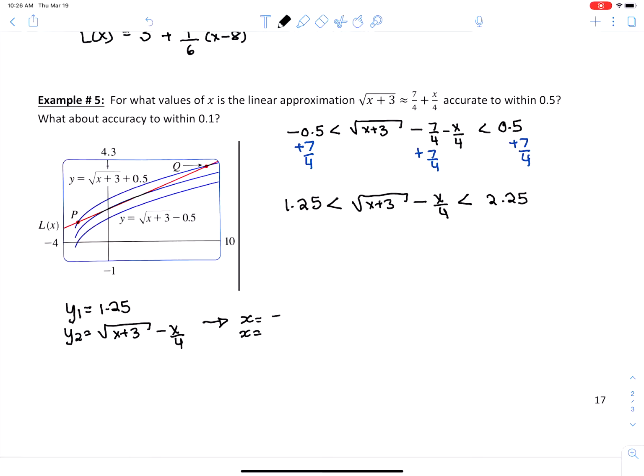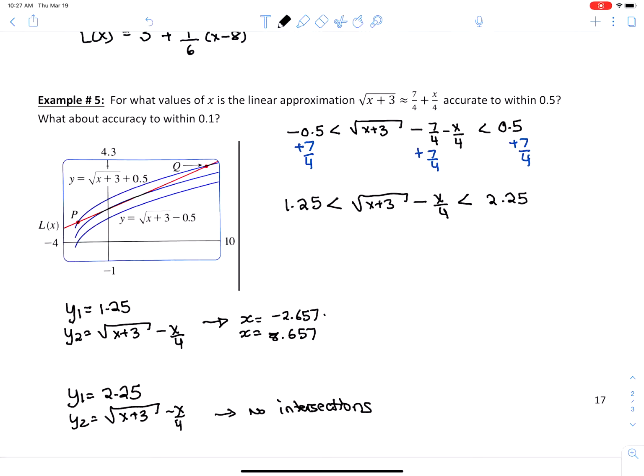I get negative 2.657 and I get positive 8.657. And I would also want to solve y1 is equal to 2.25 and y2 is equal to square root x plus 3 minus x over 4. And in this case, I get no intersection.